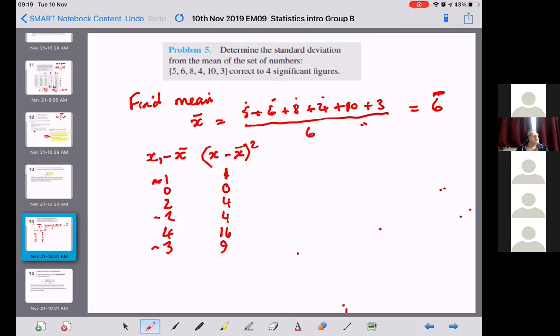And then we need to sum all of those: 1, 5, 9, 25, 34.